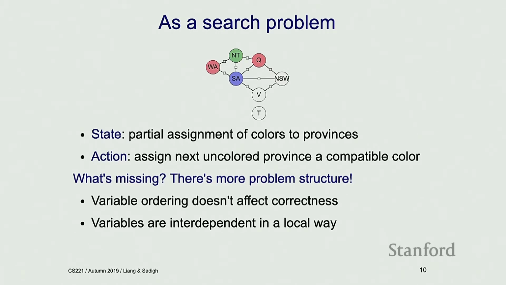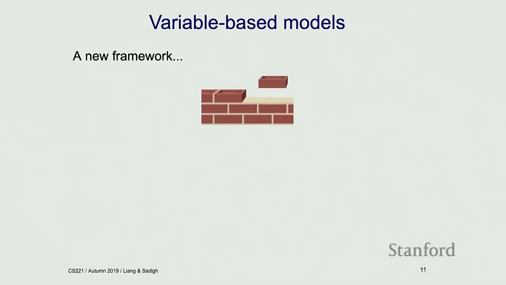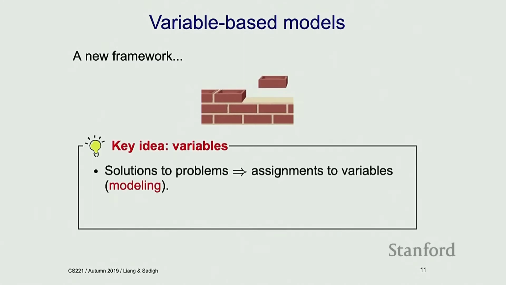So the idea of variable-based models is to make our models simpler than state-based models. Let's not try to figure out what this state thing is that's sufficient for us to make decisions in the future and pick actions sequentially. Let's have an easier language to represent the model of a problem that looks like this. So the idea is to come up with a new framework, and in this new framework, we're going to have variables as opposed to states.